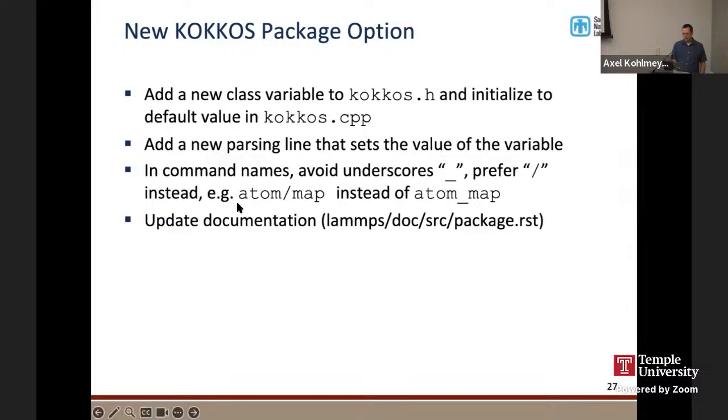So, for example, if you wanted to set an atom map, then we use atom/map and not atom_map. So that's like the actual command that the user is going to type into the input script. We can definitely use underscores in the code, but for anything that's user facing, we prefer a slash. And then you just update the documentation in the package.rst file.